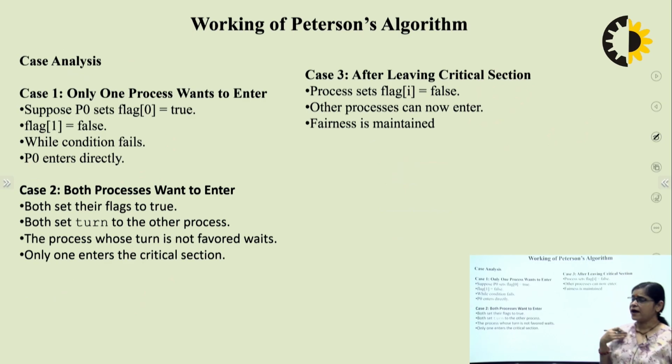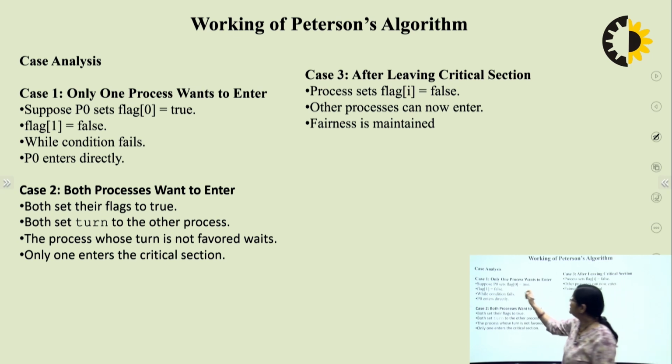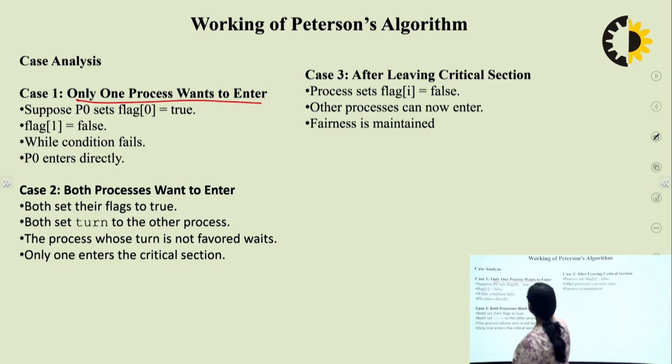Now, if I am going to discuss the working of the Peterson algorithm, there are 3 cases according to the pseudocode we have discussed in the previous slide. The first case is that only one process wants to enter.